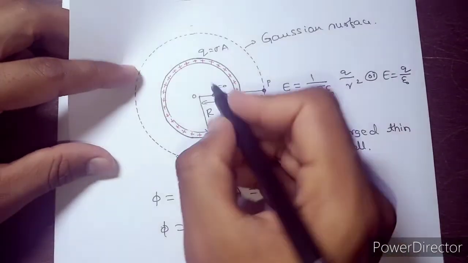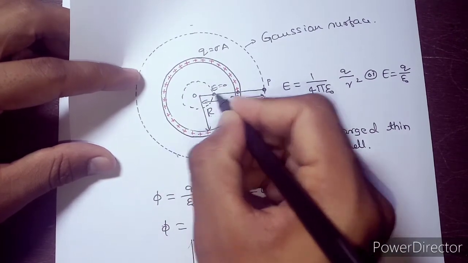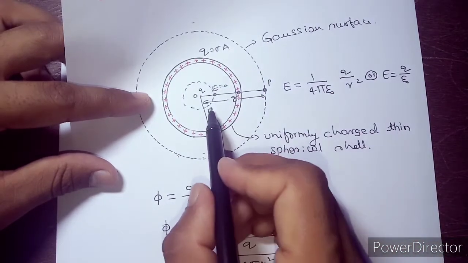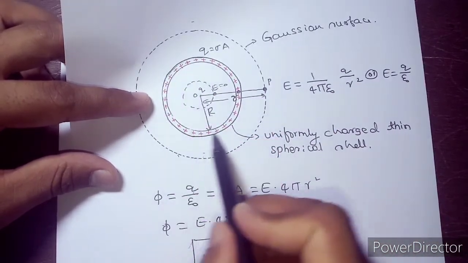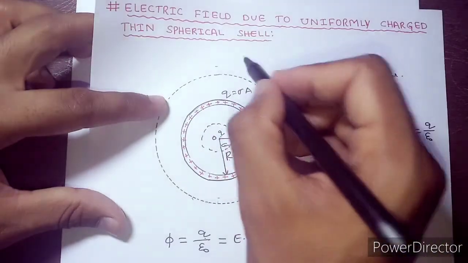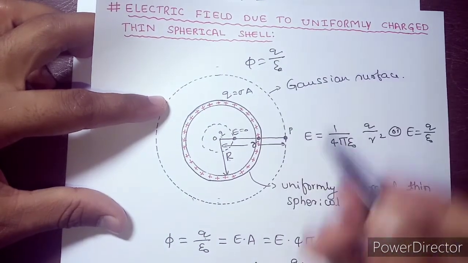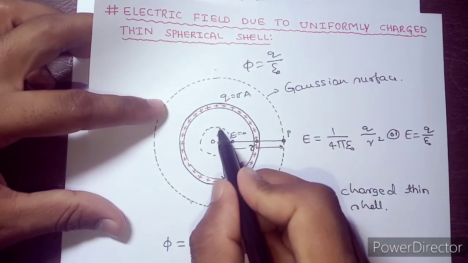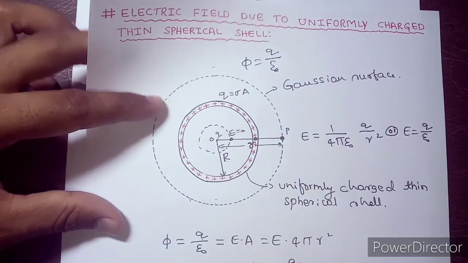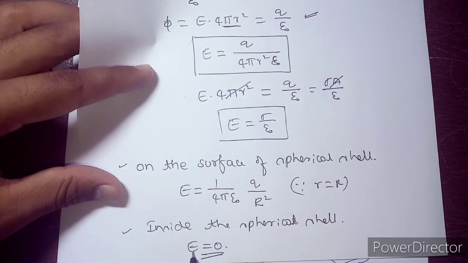If you consider the Gaussian surface for this, it will be like this. So charge inside this Gaussian surface will be 0. According to Gauss law, we should not consider the charge outside this Gaussian surface. We have to consider the charge inside, the charge enclosed, right? Phi is equal to charge enclosed divided by epsilon naught. That is the definition of Gauss law, right? So charge enclosed is equal to 0. So that's why flux phi is equal to 0, and the electric field E is also 0.